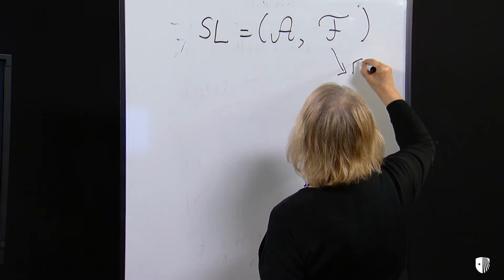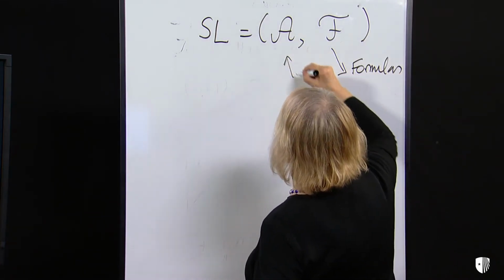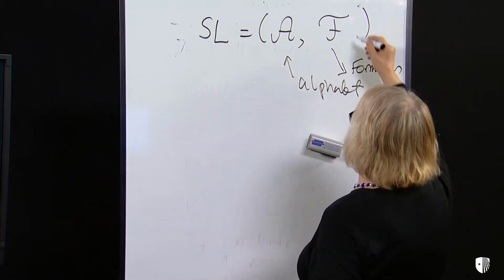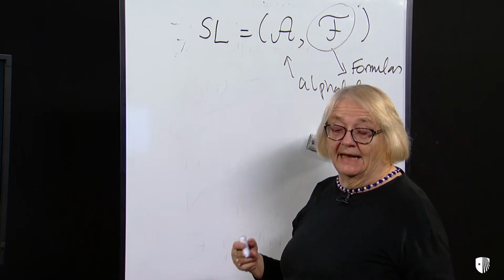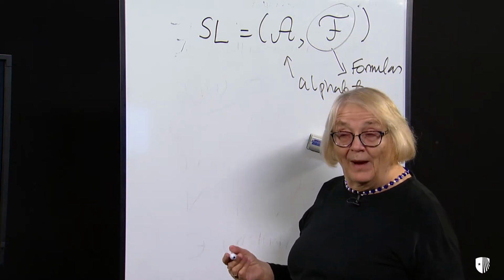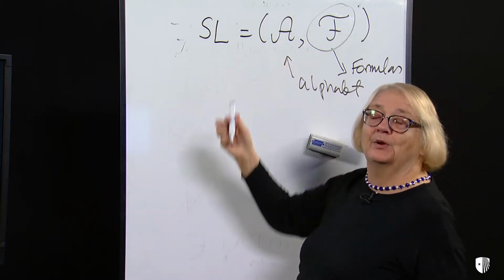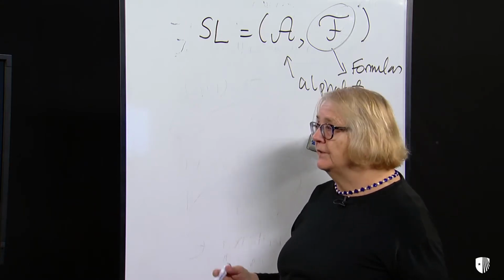These are called formulas, and this is called the alphabet. And we define now what formulas are in a precise way, because we want to be able in a symbolic language to recognize what is a formula and what is not.